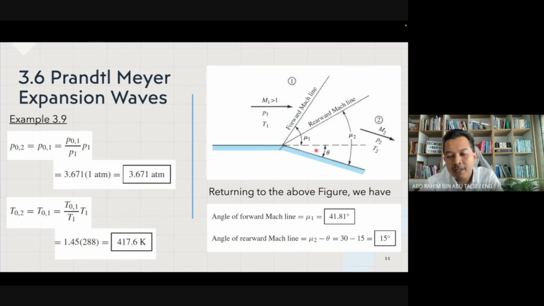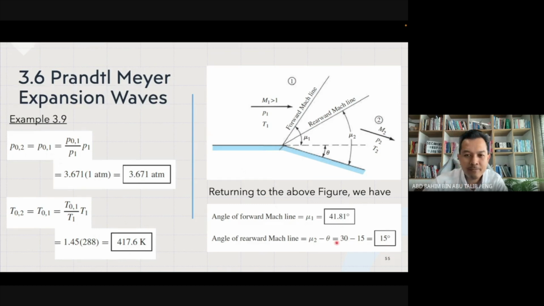Looking at the figure given earlier, the angle of Mach line mu1 is obtained to become 41.81 degrees, and you read the corresponding mu2 minus theta, which is 30 minus 15, you get the value of 15 degrees.